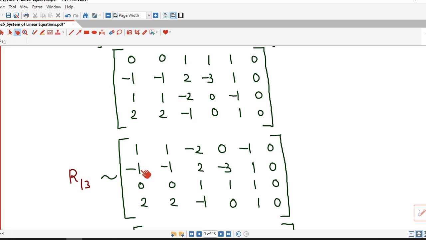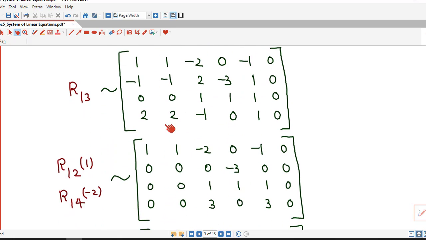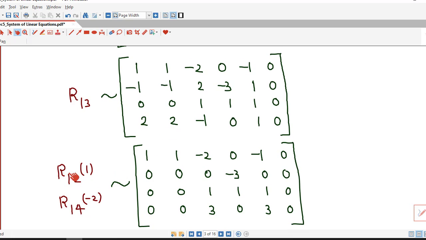To make this 0 we multiply the first row by 1 and add it to the second row. To make this entry 0 we multiply the first row by -2 and add it to the fourth row. So first we check the first operation.